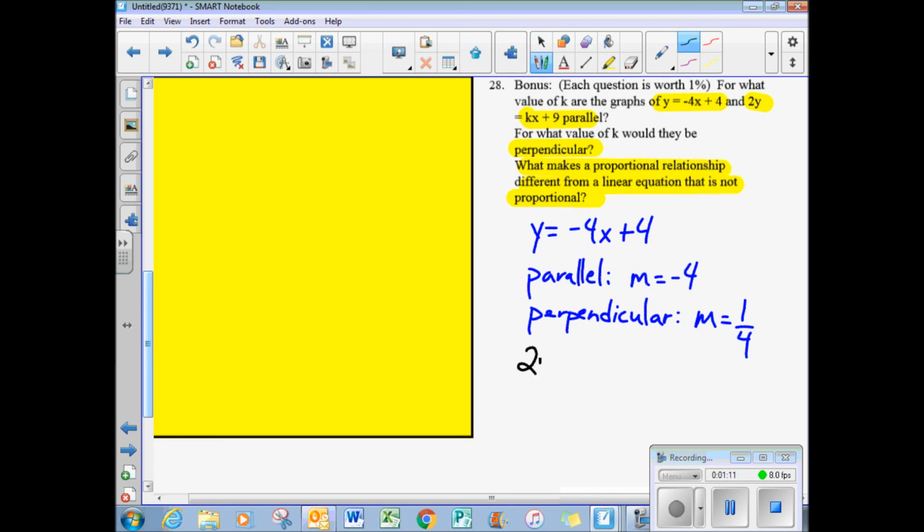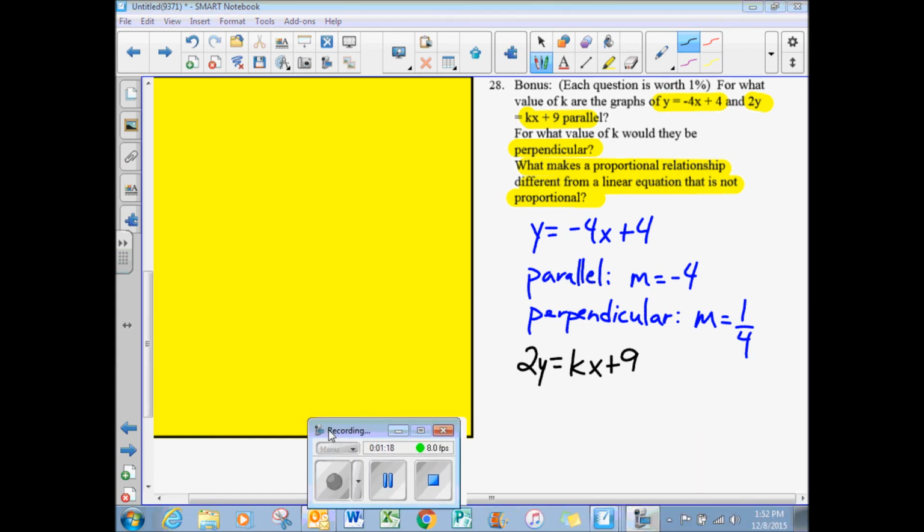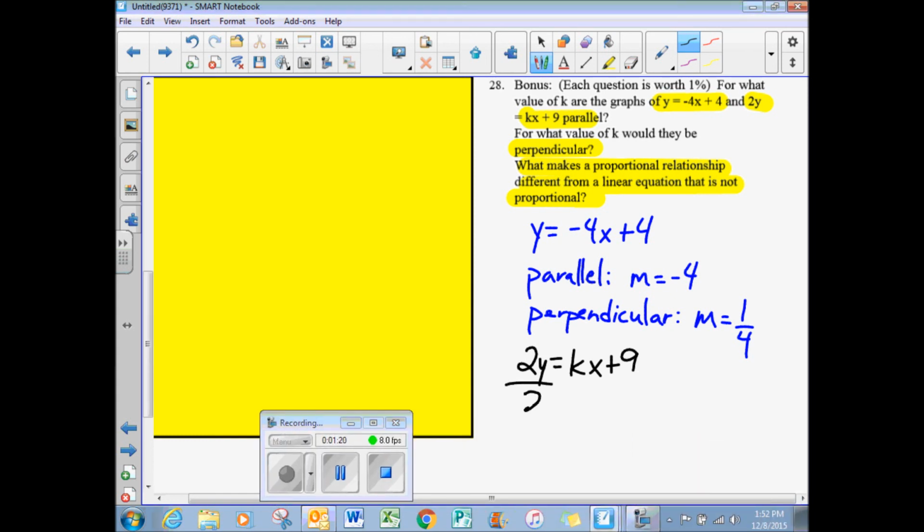I know that it's 2y equals kx plus 9. So I need to see what that would be in slope-intercept form. I'm going to divide by 2 and get y equals k over 2x plus 9 halves or 4.5 when I reduce.